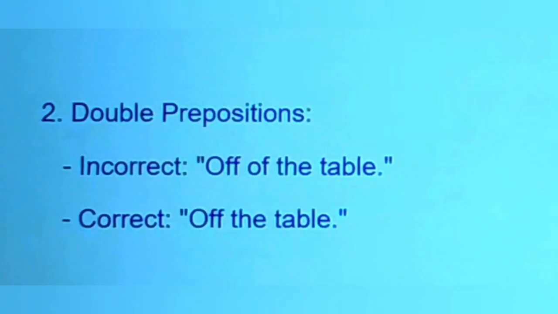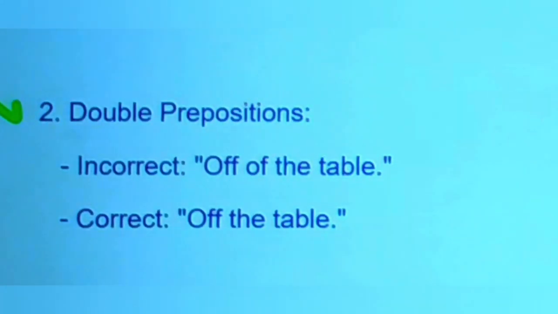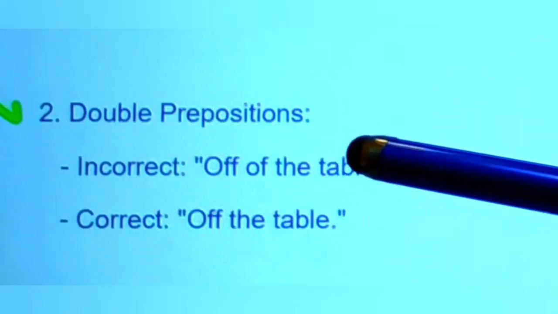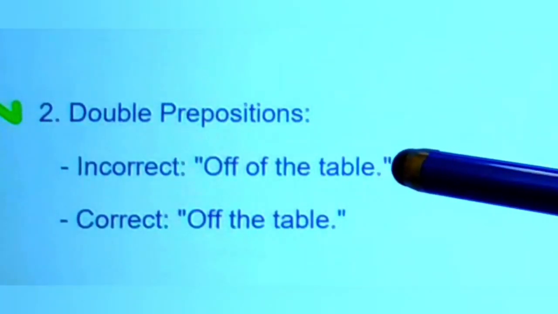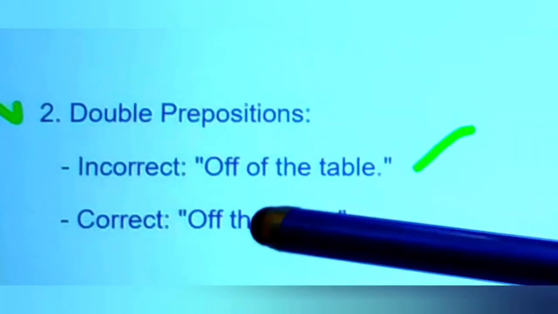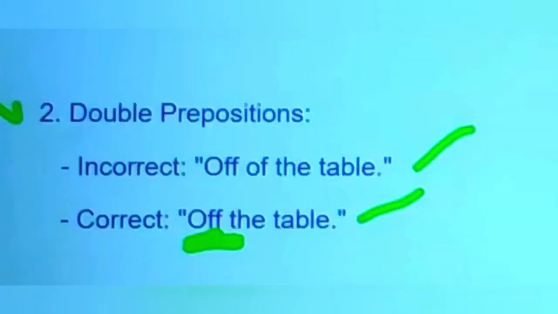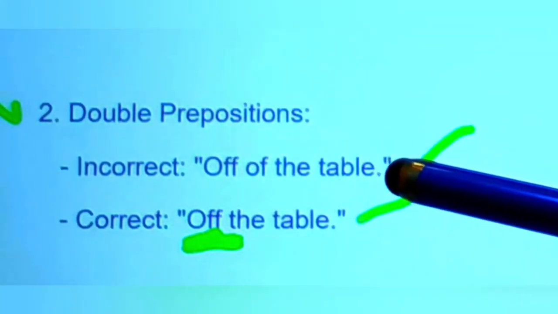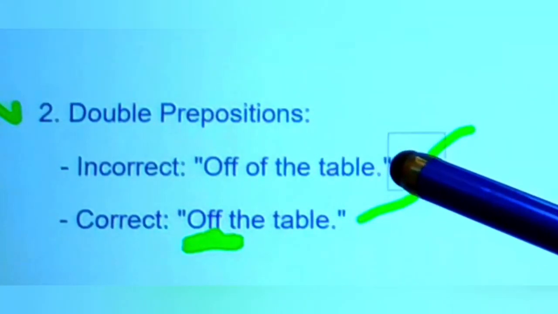The second mistake while using prepositions is the double preposition. For example, the incorrect sentence here is, of the table. This is incorrect. So the correct one here is, of the table. Of the table with a double preposition is an incorrect sentence here.